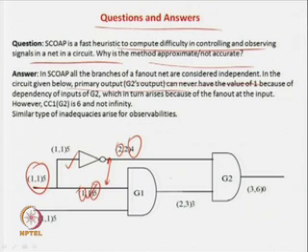Similarly, this one is dependent on this one, because they all belong to a common transitive fan out point. But to make things easier, SCOAP does not consider this. SCOAP considers that everything is independent and we solve the problem. This leads to inaccuracy. So, let us see why. Let us find out the combinational controllability of CCG1.